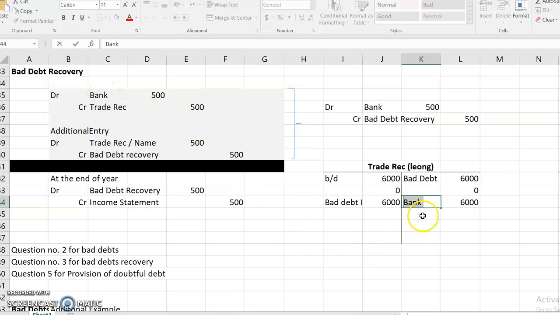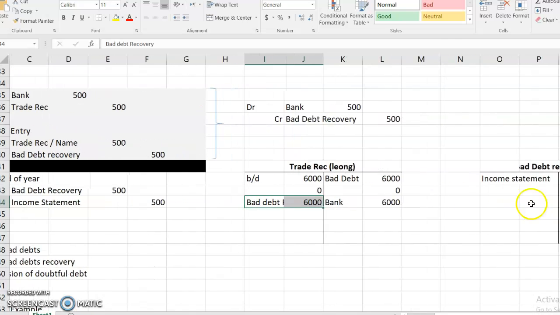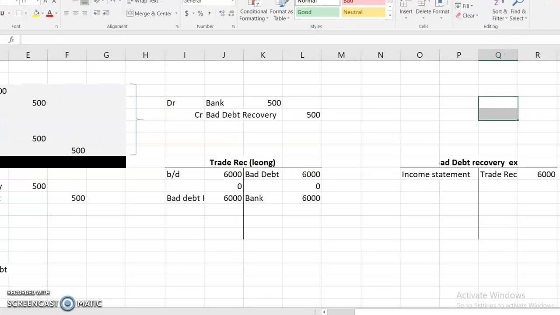But when I do this, I also have to zeroize the account. So it means I have 6000 on this side balance and I have nothing on this side. So I need to make another entry to bad debt recovery account. I will open a new account with the name of bad debt recovery and transfer the amount here.